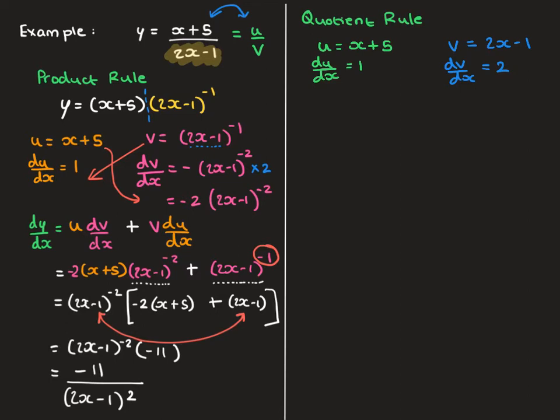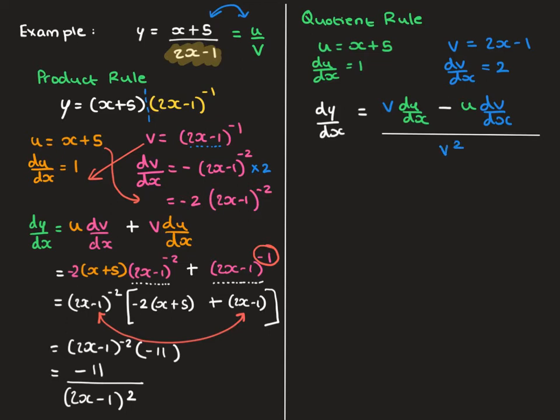Now, the quotient rule then tells us that dy by dx is equal to v multiplied by du by dx, subtract u multiplied by dv by dx, and then the whole thing is divided by v squared.